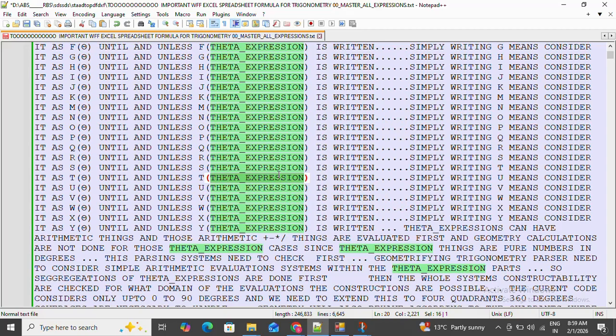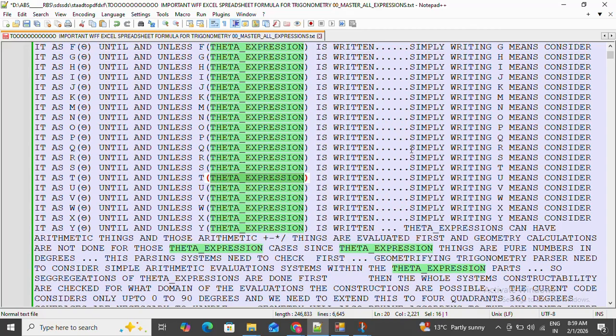This is the strict caution that we are trying to explain here. The arithmetic plus, minus, multiply, divide things are evaluated first when those are theta expressions inside the trigonometry expressions. But if those are outside the trigonometry expression, simple arithmetic evaluation within the theta expression parts is not allowed.